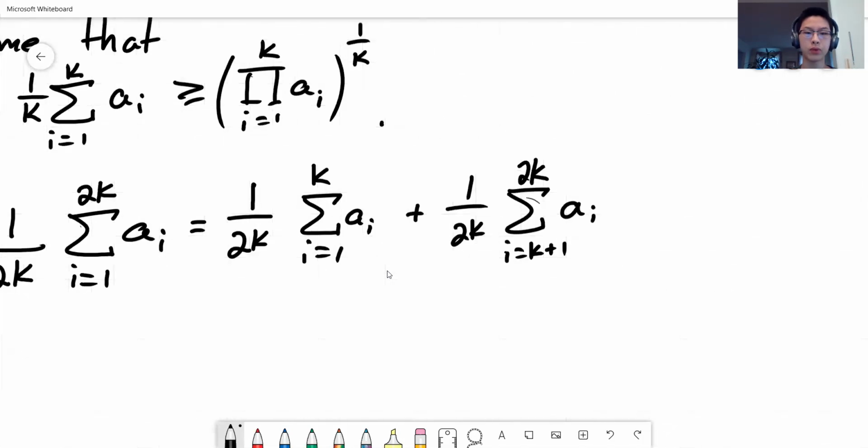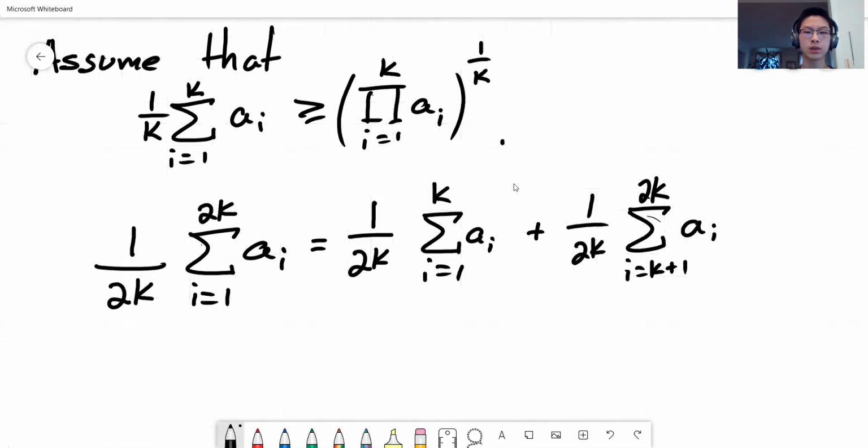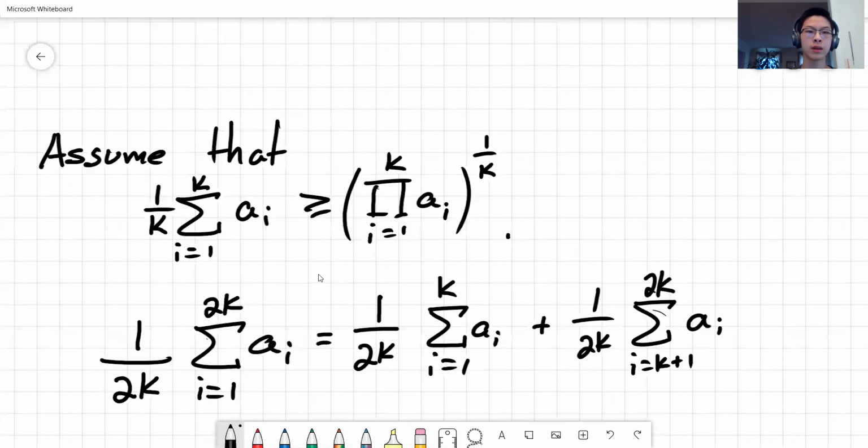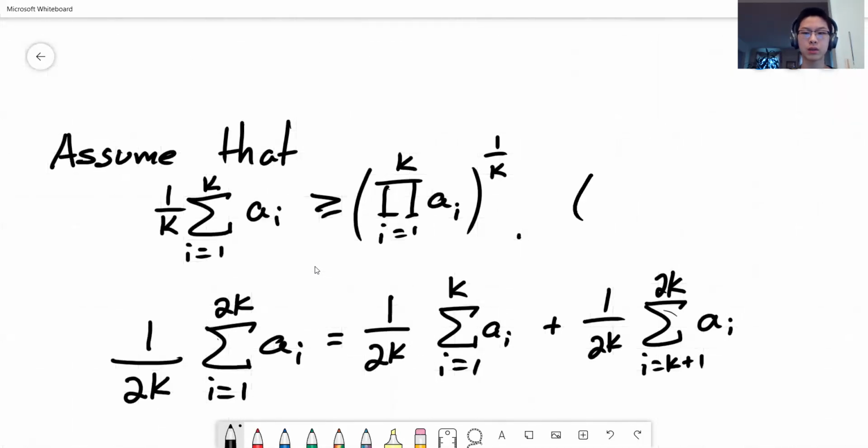Now you'll notice that both sums have k terms in them, right? So they're exactly of the form of the hypothesis, except for the 1/2, but that's okay. So we're going to apply the inductive hypothesis, right?